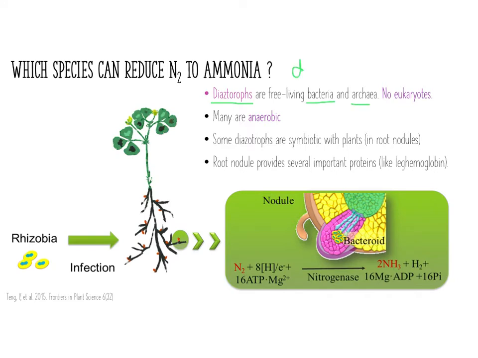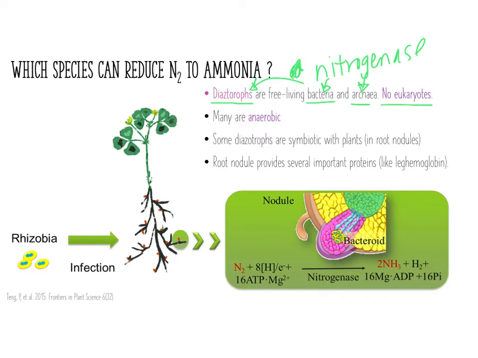So the dinitrogenase or the nitrogenase, I'll just call it the nitrogenase, can only be found in some bacteria and some archaea. If it is there, then those organisms are called diazotrophs. No eukaryotes can house a nitrogenase.